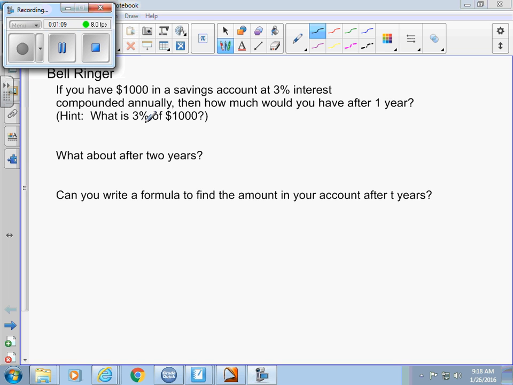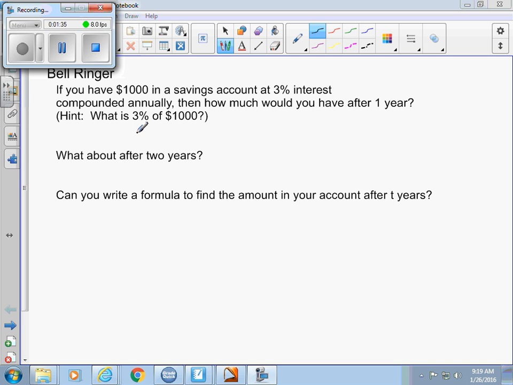How many of you it's not monthly, it's not that often? Like maybe quarterly, 4 times a year? Or yearly it goes in, right? So y'all have seen that happen? That's what compounded means. It's when the bank takes the interest and puts it in your account. So it says it's compounded annually, so they're going to put the interest in your account once a year.